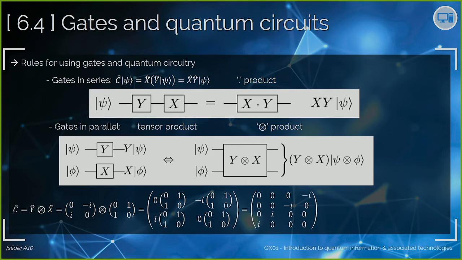The way to see it is, if I apply C to psi, then I do X and then Y of psi, but what I effectively do is I do this first, and then I do this second.